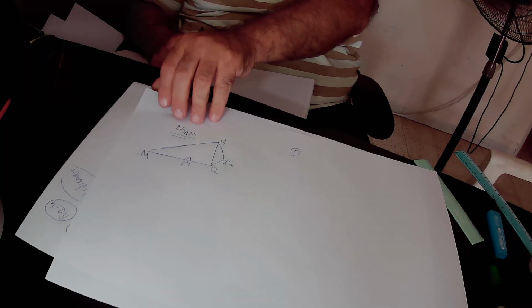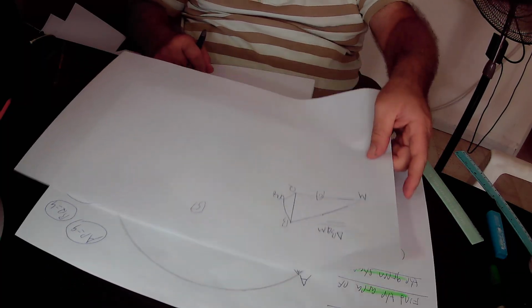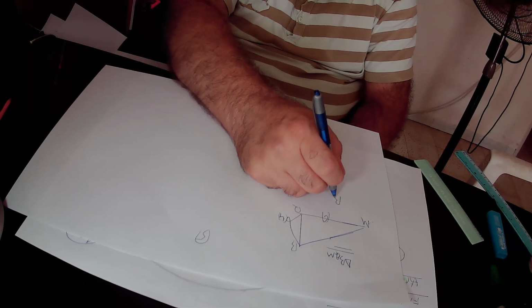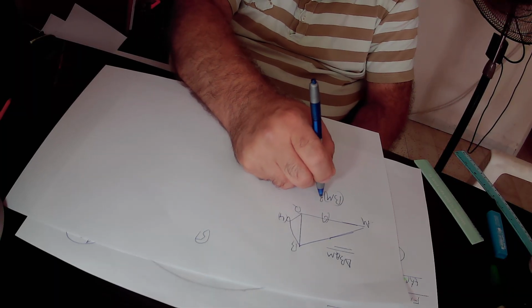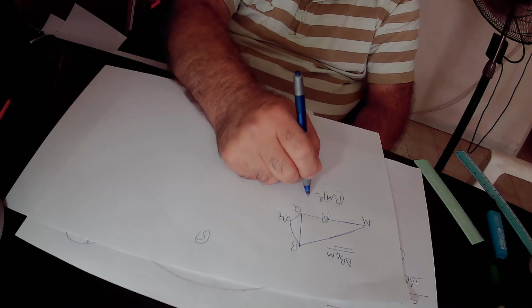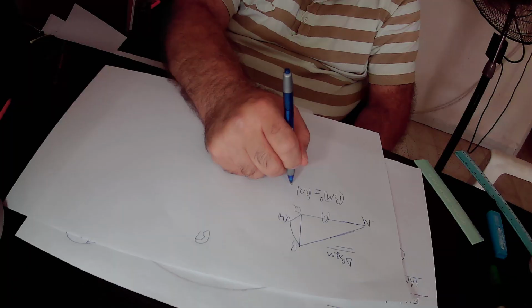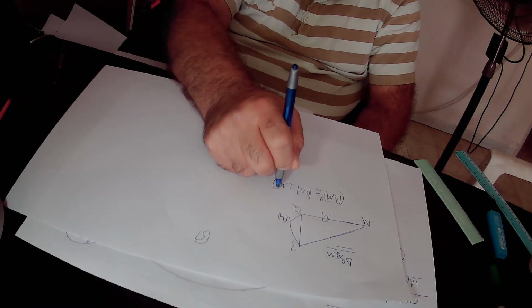So write it down. Let's find out that BM squared, this is the square of the hypotenuse, equals BQ squared plus MQ squared.